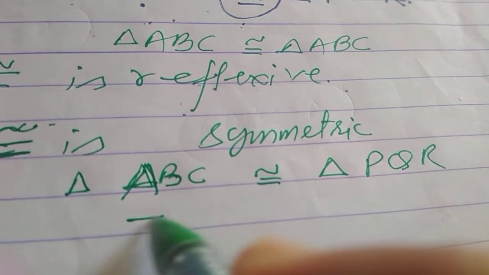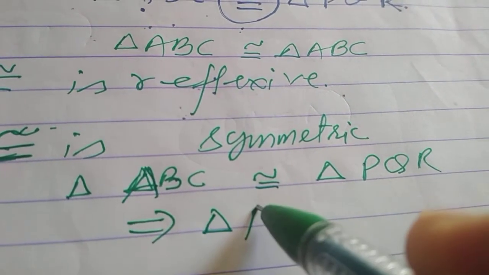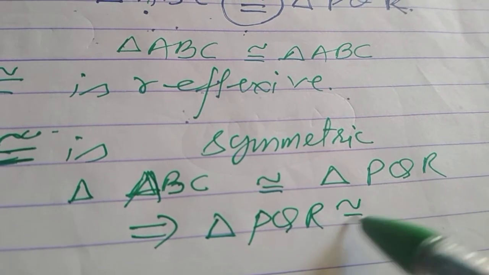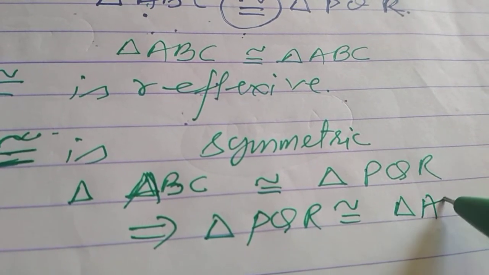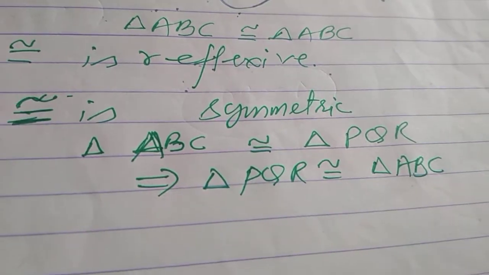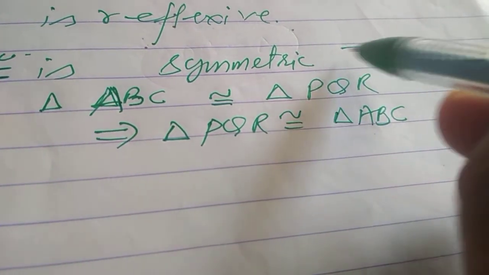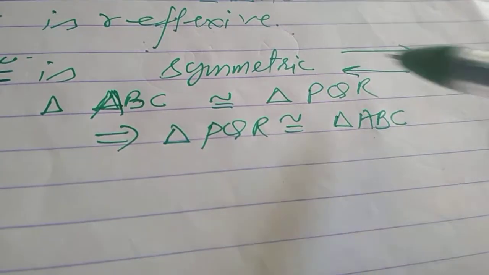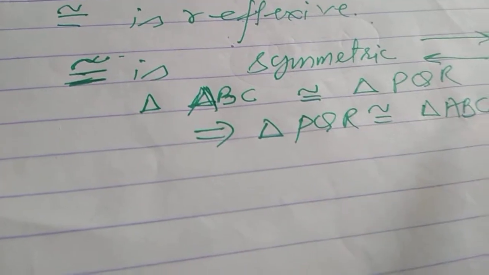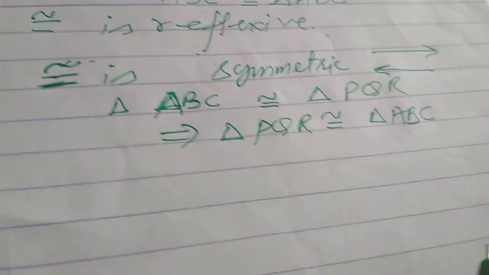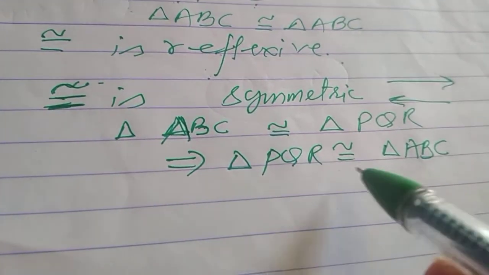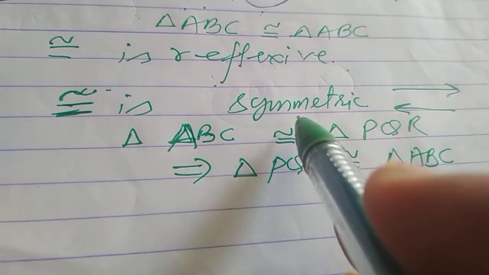Then this implies triangle PQR is congruent to triangle ABC. If you are following this path, then the reverse path is also possible. So this is symmetric. The symmetric relation is like this. So the congruence relation is symmetric.